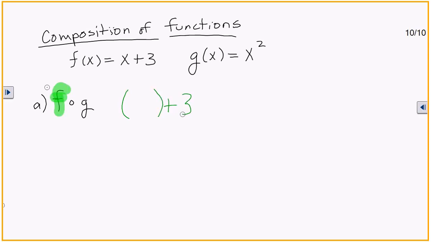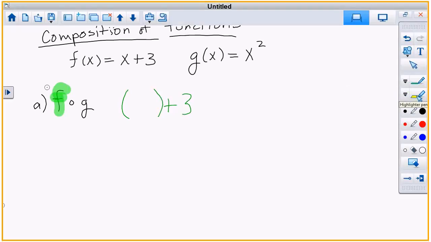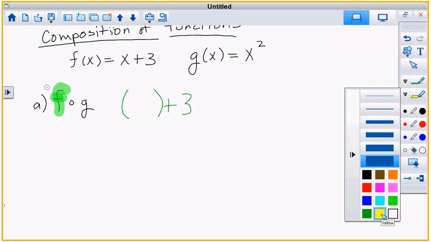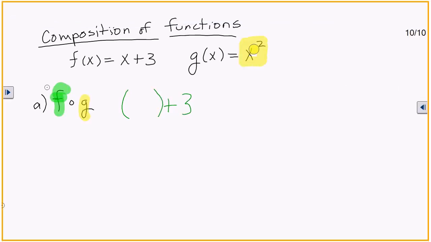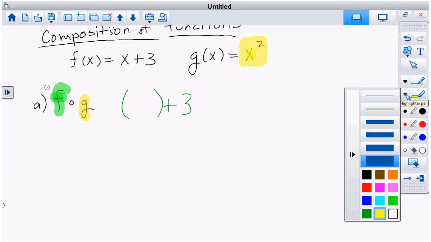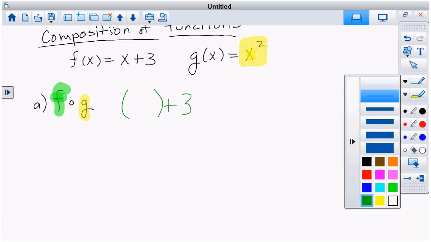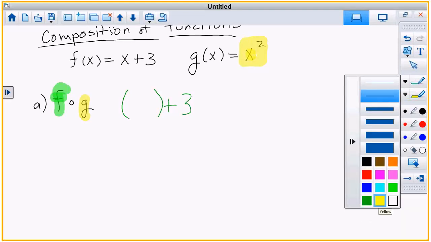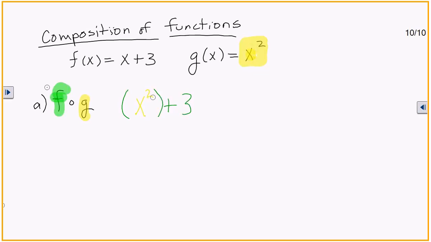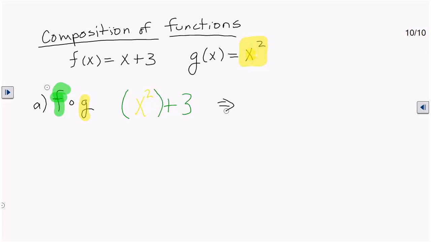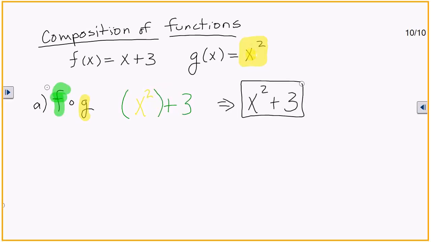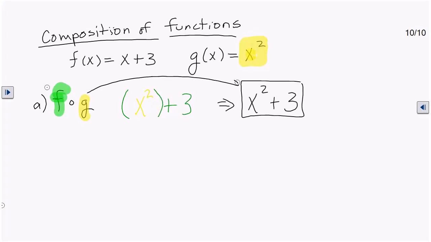And then I'm going to highlight the g of x yellow because that's what I'm going to plug in. So I take my yellow pen and I plug in x squared. My final answer is x squared plus 3. So F composed of g is x squared plus 3.